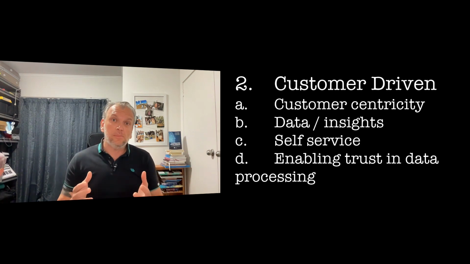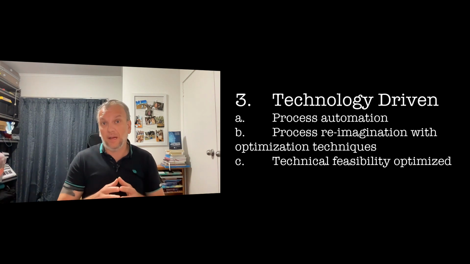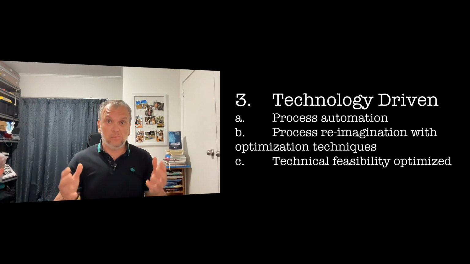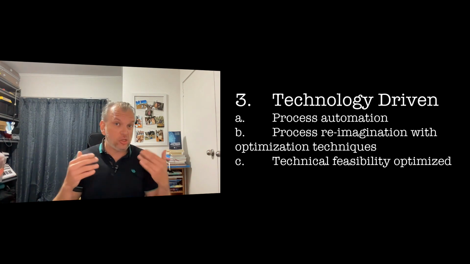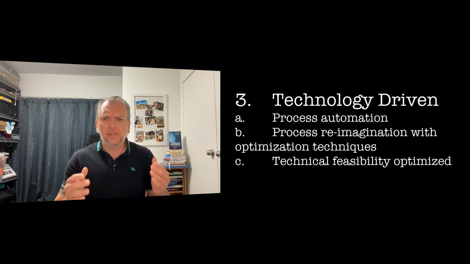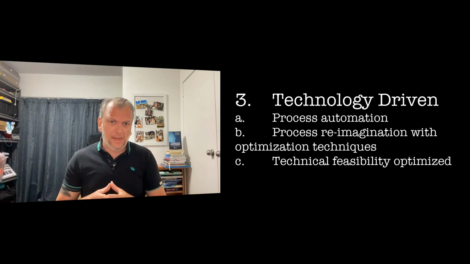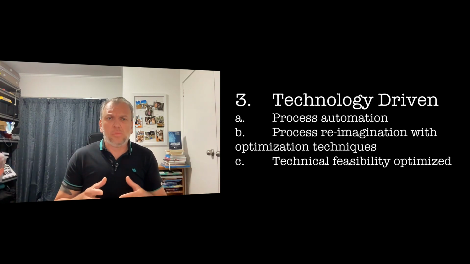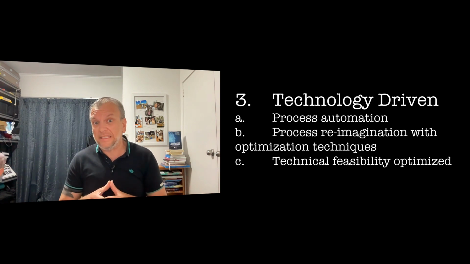And then we have the technology-driven reasons, because the technology might be so old, obsolete. So do we have enough process automation? Do we have integration between the legacy and the new ones? And do we have any feasibility optimized technique?